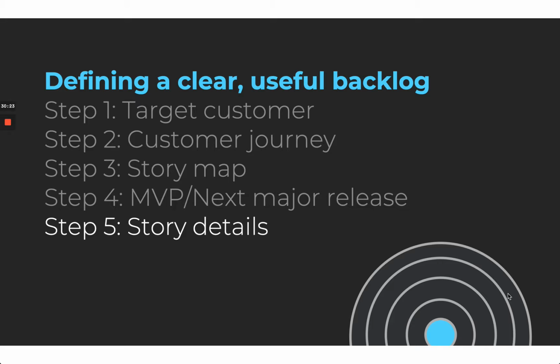Thank you. So now we went through all the steps until step 4. We have our MVP defined, or our next major release defined, and we know what we want to do. Now we want to dig into the details of the stories we identified as MVP. What should we put inside the stories? How best to define the stories in a way that is understandable for everyone?